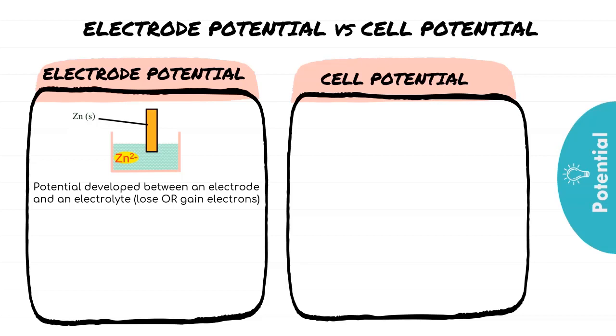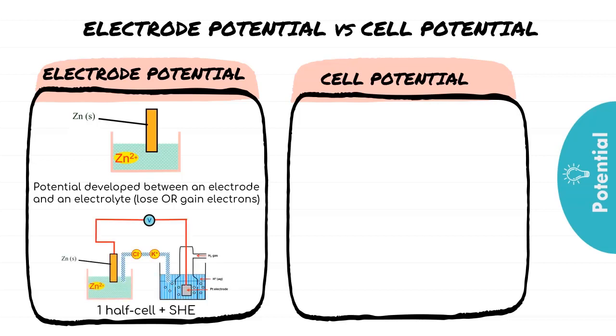So, for an individual half cell, we will get electrode potential. It is impossible to determine electrode potential by depending on only one half cell, as there must be two half cells in a cell. Therefore, electrode potential is determined by pairing up with the standard hydrogen electrode (SHE).